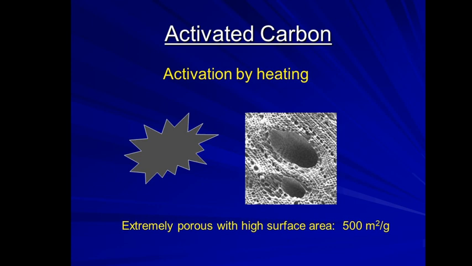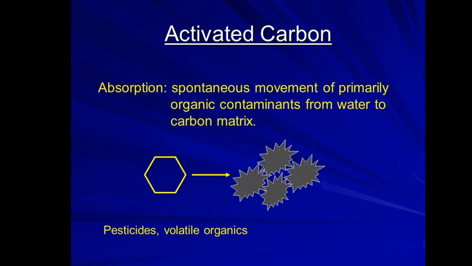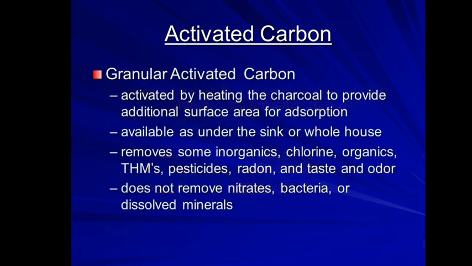You can see why it is called activated, because this carbon is heated. Adsorption is the spontaneous movement of organic contaminants from water. Here you can see granular activated carbon. Why is it called activated?